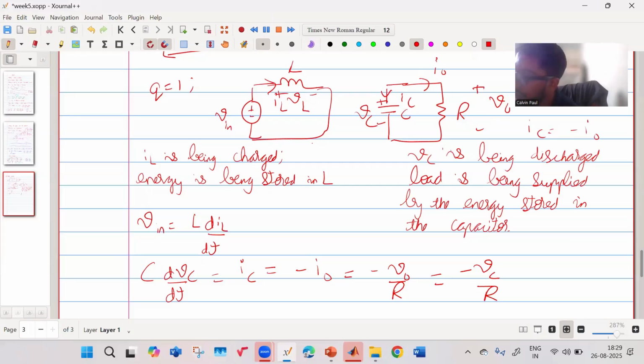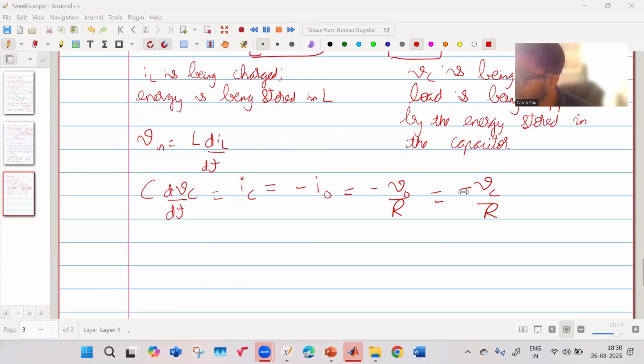Any confusions in this? You let me know. Okay. So I'm assuming you don't have any doubts in this. Okay, this is very simple. So let us proceed.